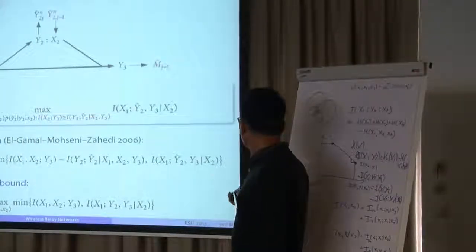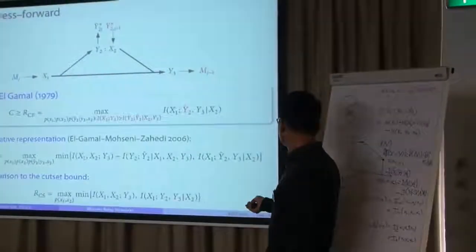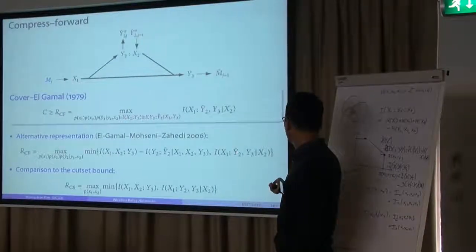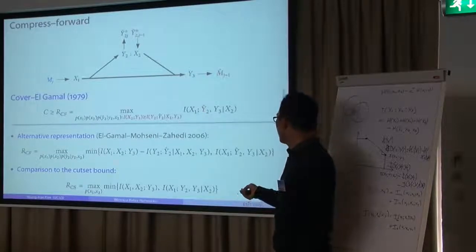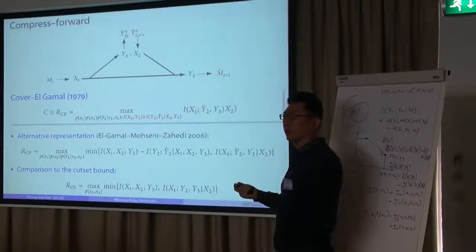The second term, the broadcast bound, is essentially the same, except that instead of using the true Y2, here we use a quantized version. And here now, the MAC bound, we lose something because we have to communicate the Y2 signal to the final destination.